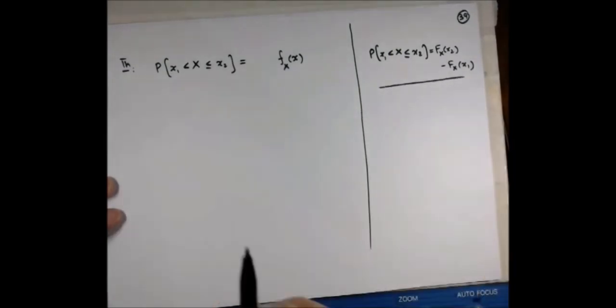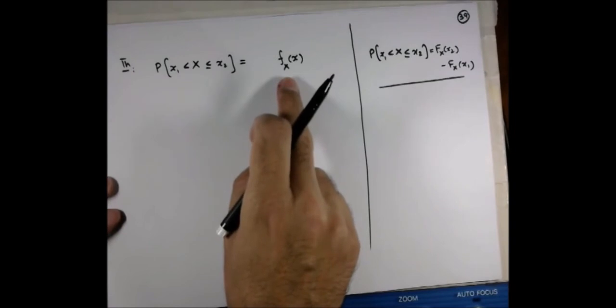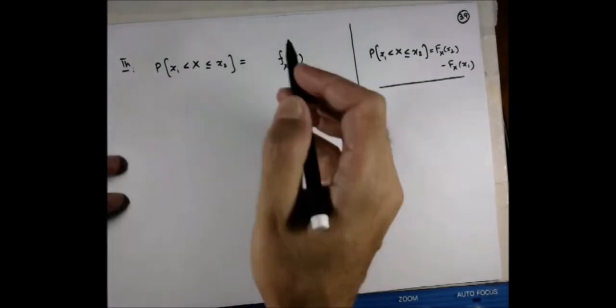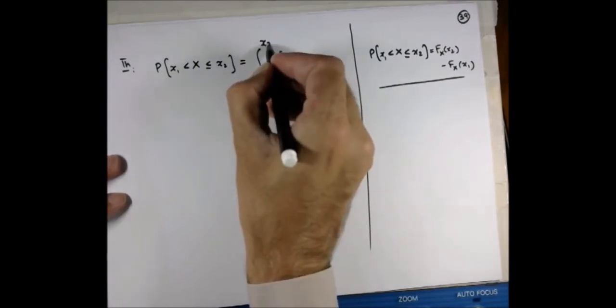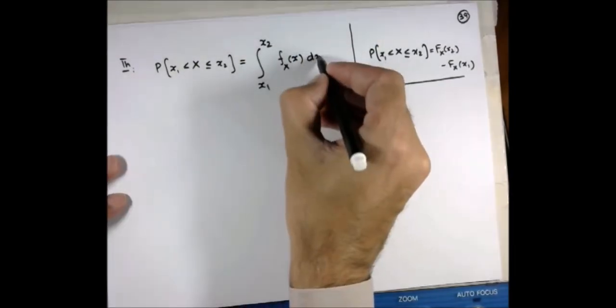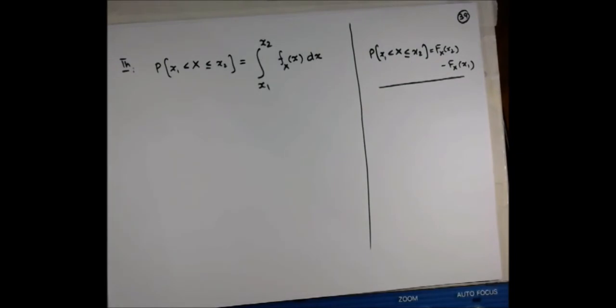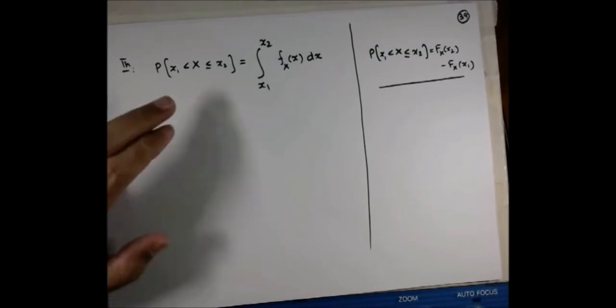If you want to utilize the CDF, it is simple. If you want to utilize the PDF expression, you simply integrate the PDF within that interval, and you will obviously get this probability.